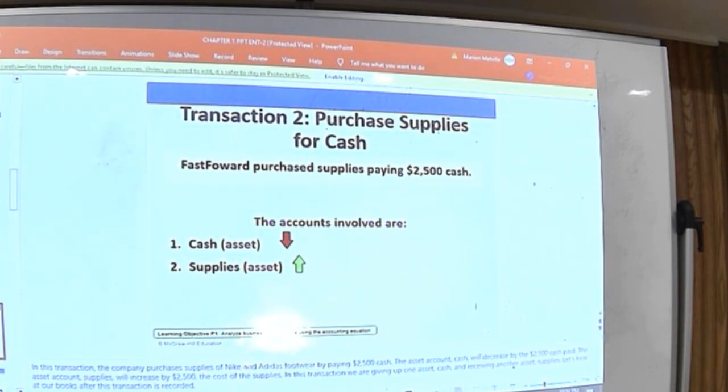They're resources of the company. That's what an asset is. So we reduce one asset, increase another, and the accounting equation remains in balance.